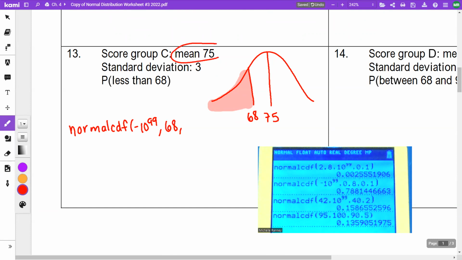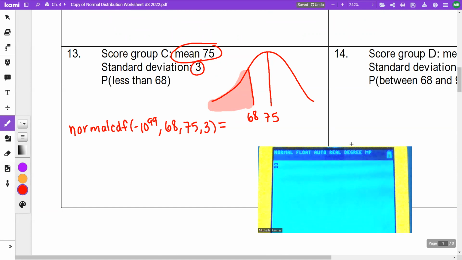The mean is 75. And the standard deviation is 3. So negative 10 to the 99, 68, 75, and 3. And we end up with 0.0098 as our answer.